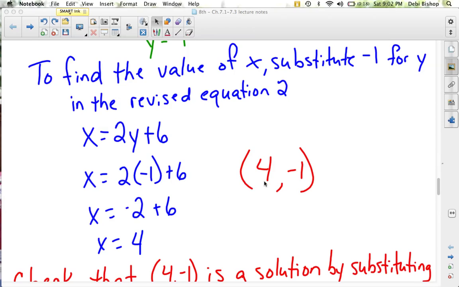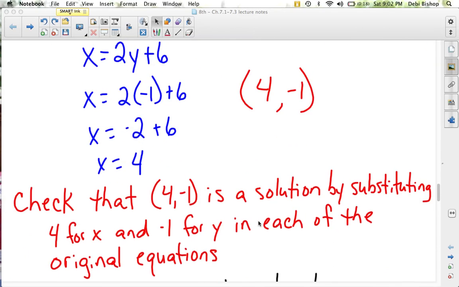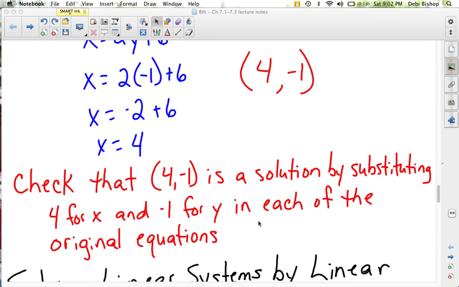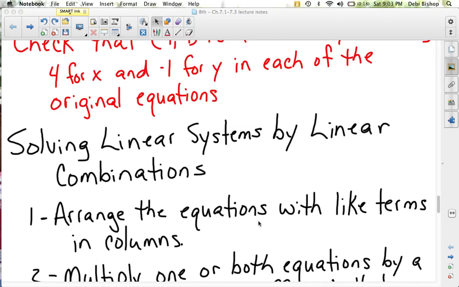And so you can see 4, negative 1 is a solution. You would check that by substituting it in. I'm not going to resubstitute it because I did the very first time, and you can see that they come up to a true value, and that is the solution.